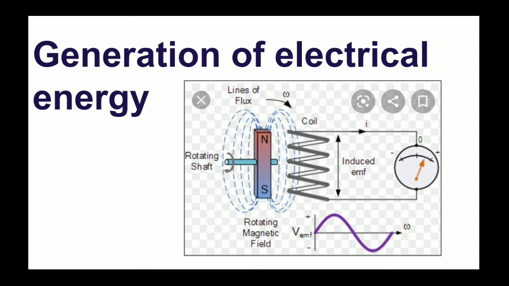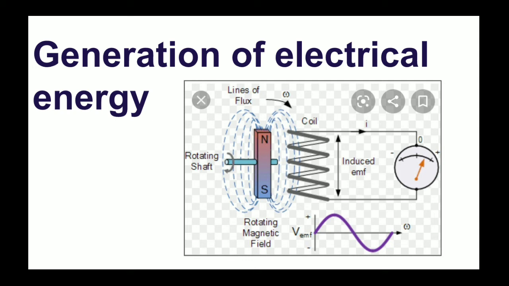For that you have to move either the magnet or the coil, any one of them. Then you can generate the electricity. This means if any wire or conductor is taken in the magnetic field, then the current flows through it.